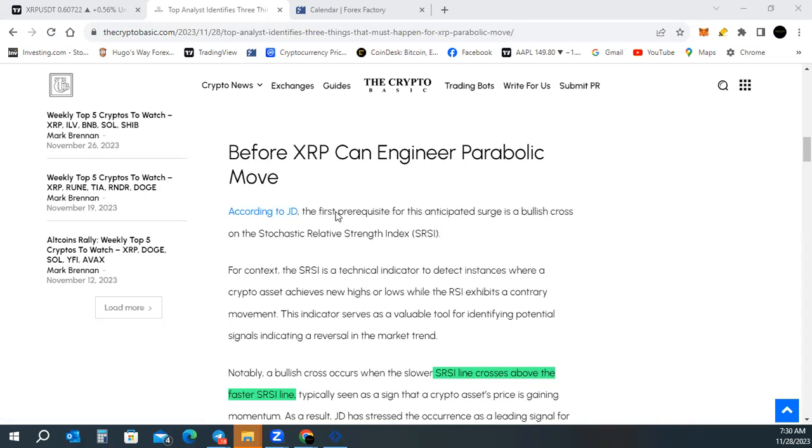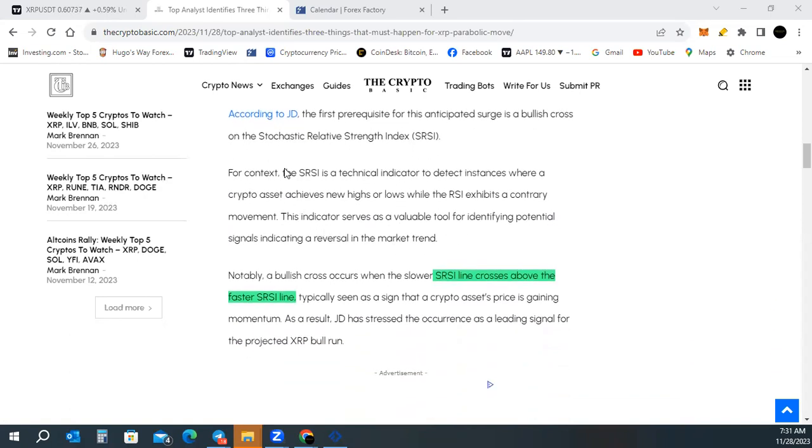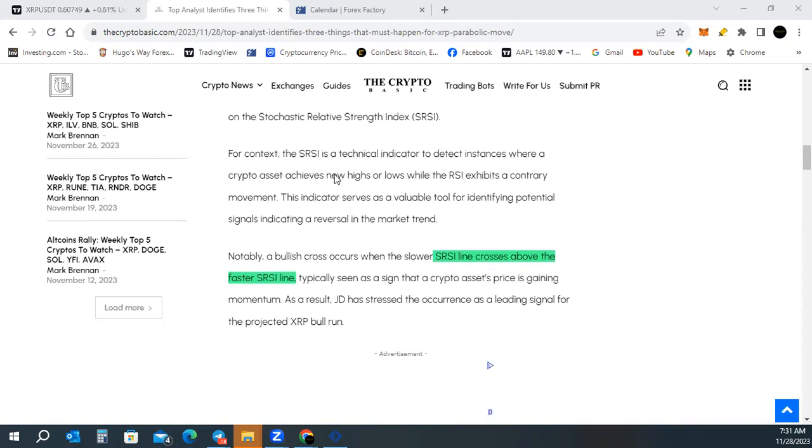According to JD, the first prerequisite for this anticipated surge is a bullish cross on the stochastic relative strength index, SRSI. For context, the SRSI is a technical indicator to detect instances where a crypto asset achieves new highs or lows.